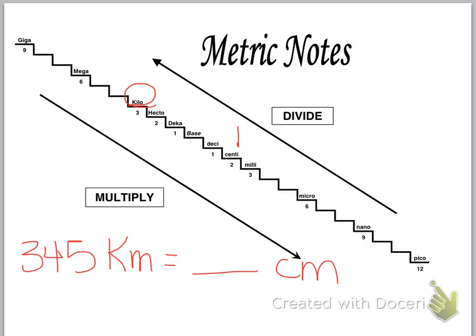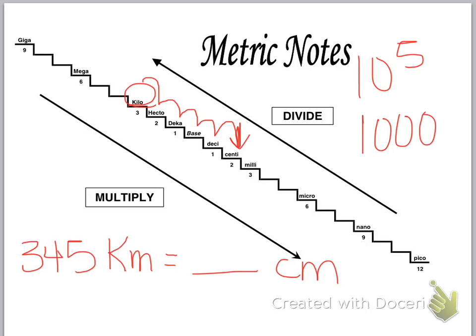I want to go all the way down here to centi. Just count the stair steps: 1, 2, 3, 4, 5. That's 5, so 10 to the 5th, or 1 with 5 zeros. So you're going to multiply it by 100,000.